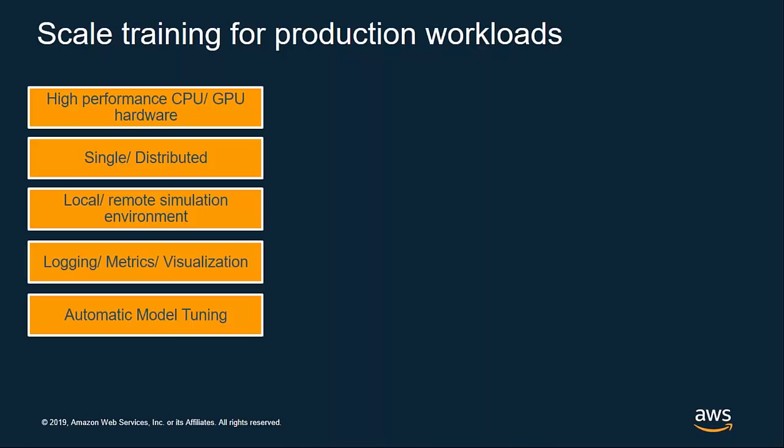Your simulation environment that you connect for training could be a local environment, or you could use a remote environment, as well as you have the logging metrics and visualization capabilities that you can use to make sure that your training is satisfactory and you know where you want to tune your models.